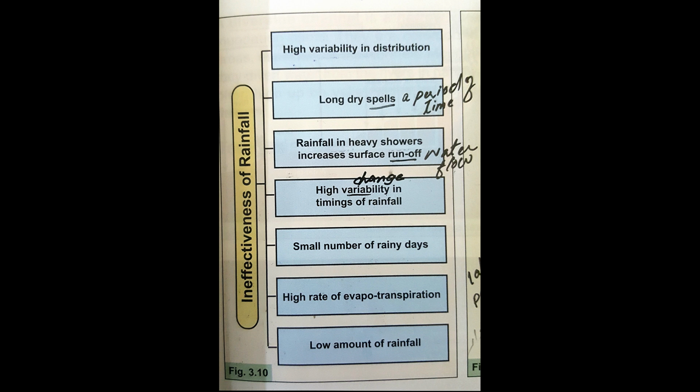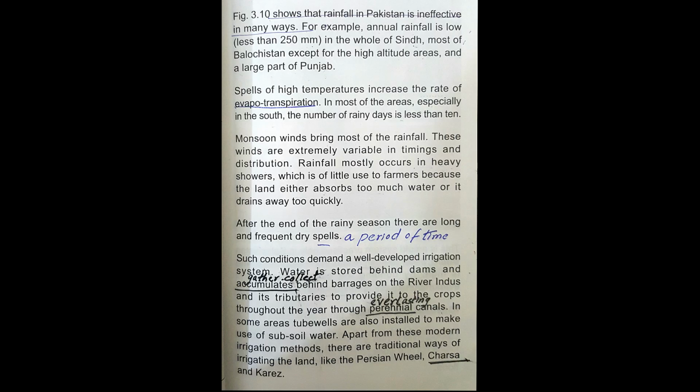In some areas rainfall is low, and in some areas of Pakistan there is heavy rainfall. In most of the areas, especially in the south, the number of rainy days is less than 10.